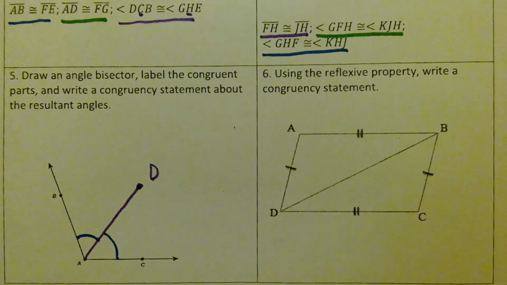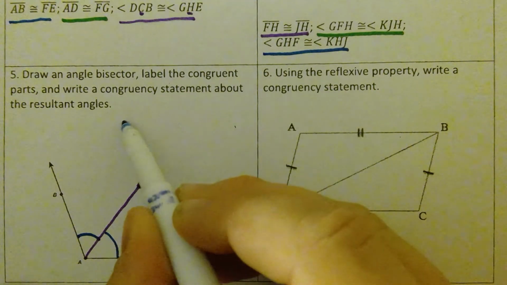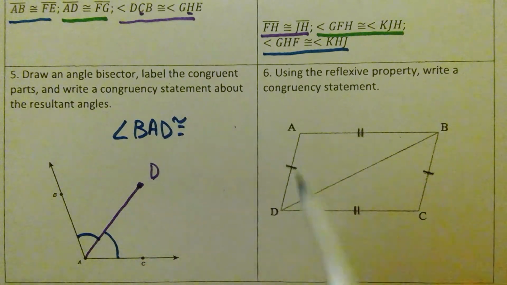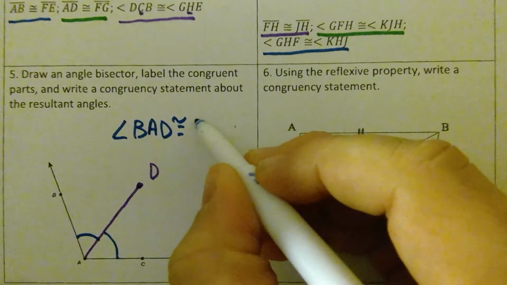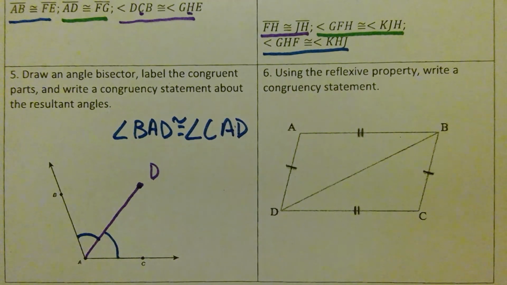So let's identify those angles. We've got angle BAD. BAD. It's a bad angle. And then we've got angle CAD that are congruent then. Okay? So there's our congruency statement about our resultant angles.